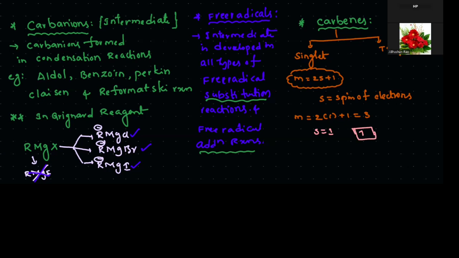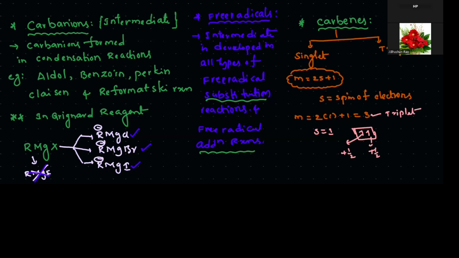If S equal to 1, here both electrons are present in the same direction. So each electron spin is half only. Half plus half, the sum of these two is equal to 1. If you substitute 1, 2 into 1 plus 1, totally 3. So that 3 represents triplet. In the given triplet molecule, the two electrons must be present in the same direction only.